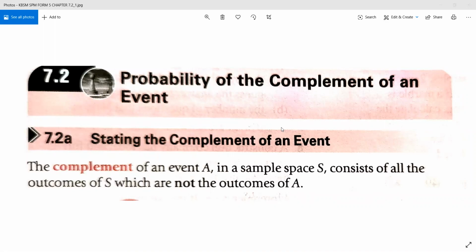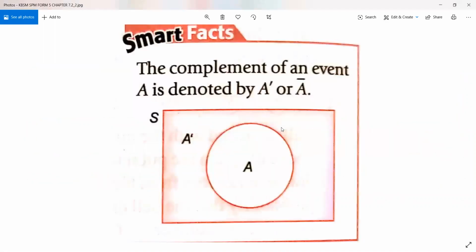If you talk about this, the complement of an event A is in this set. The elements that are not included in set A are always the ones outside here. It's the complement.